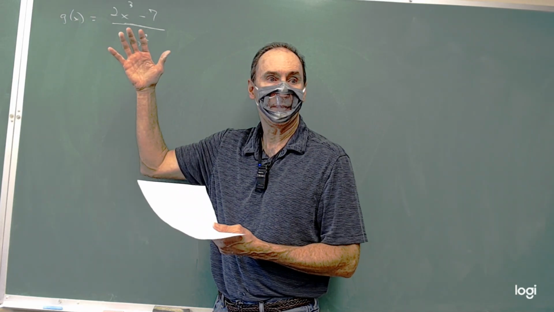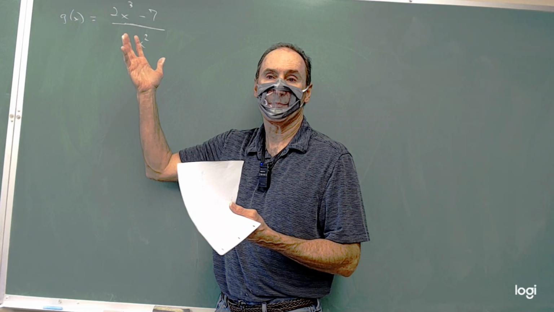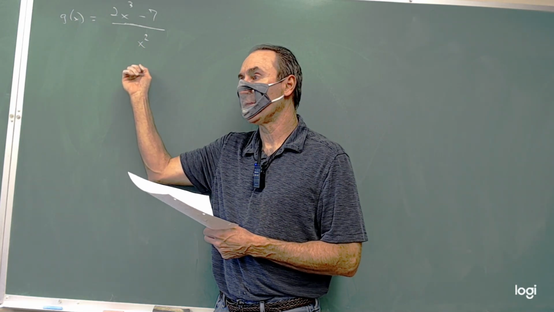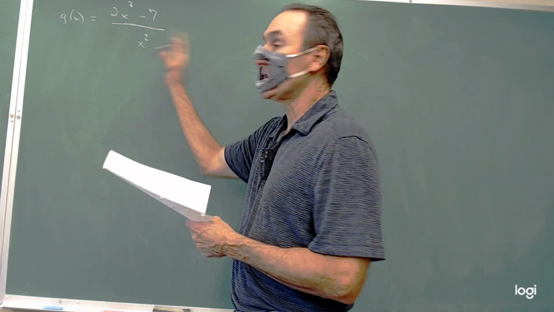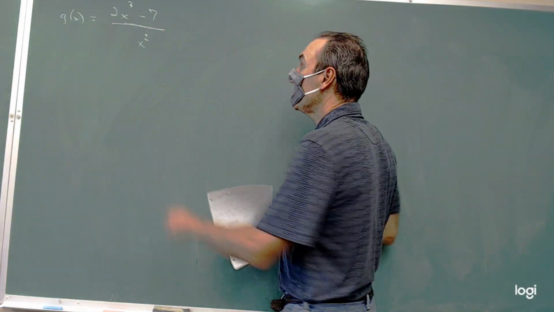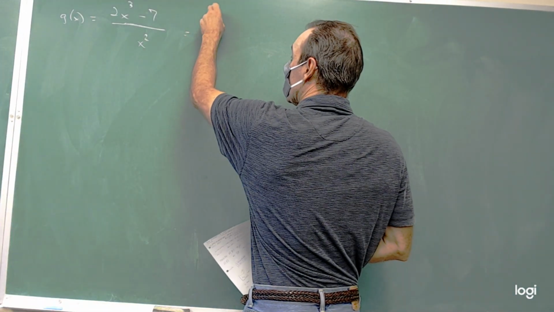Then you might be about the same place if you use the quotient rule. But in this case, rather than doing the quotient rule, it's that same idea of splitting it apart. At least this is how I think of it.